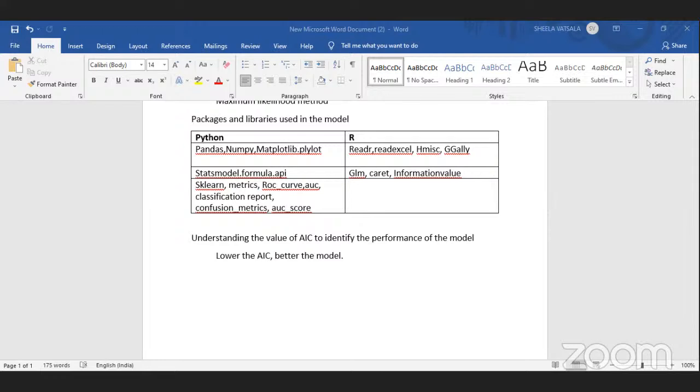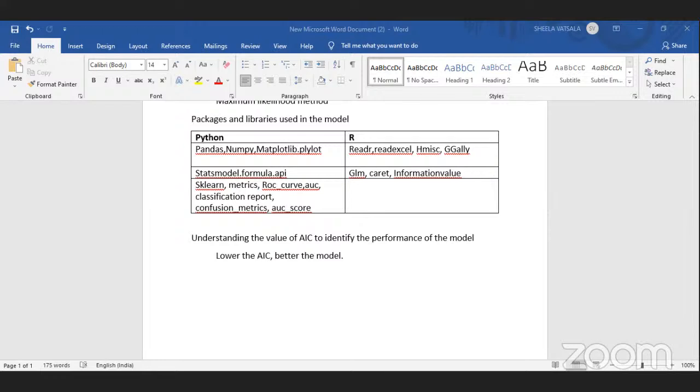Next question. Okay, I'm sure many of us have heard about variable selection, right? Which method do we follow in order to do the variable selection?